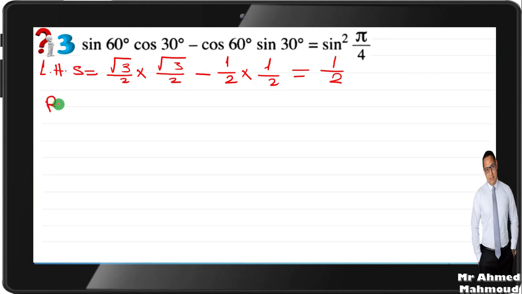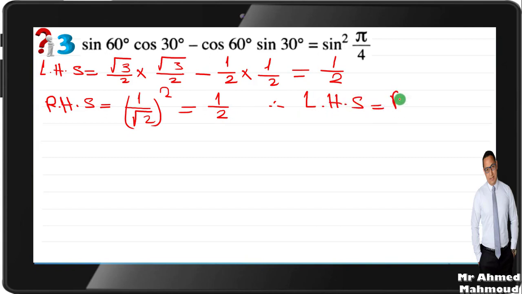The right hand side equals sine square pi over 4, which is 45. So it will be 1 over root 2, all to the power of 2, equals 1 over 2. Therefore, the left hand side equals the right hand side.